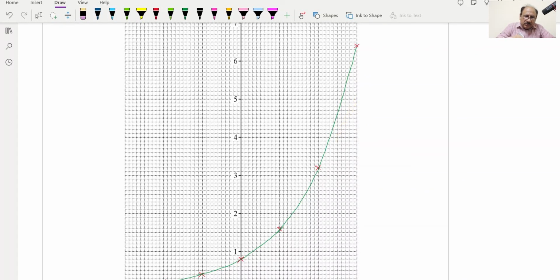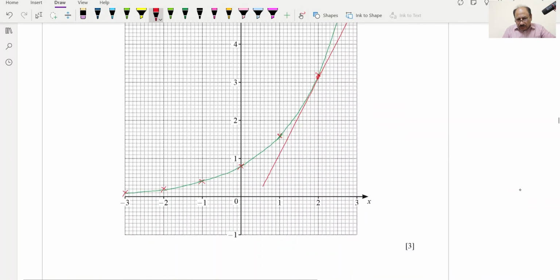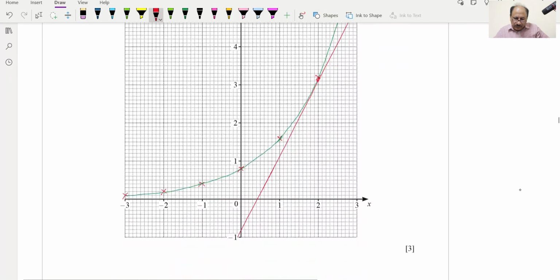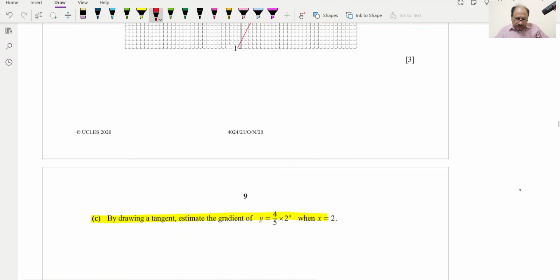Basically I'll have to change the color. So tangent line, we will be trying to be as accurate as possible. So it's touching the point, like over here it's touching the point, and we can extend the line up to this one.